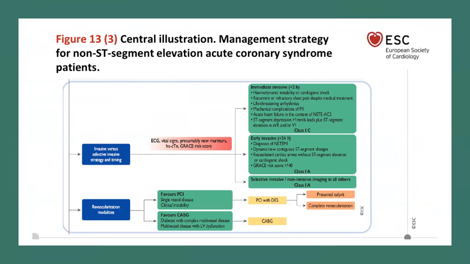Also if you have recurrent or refractory chest pain, life-threatening arrhythmias, mechanical complications of a myocardial infarction, like we mentioned, patients that can have VSDs or acute mitral regurgitation, heart failure in the context of non-ST elevation myocardial infarction, or ST segment depression of more than 1 millimeter plus ST elevation in aVR or in lead 1. That's class 1C evidence. Those patients need to be in the cath lab within less than 2 hours.